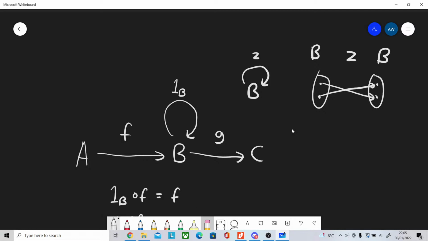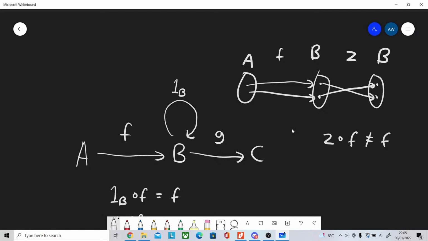So if you have, say, the set A with a bunch of arrows like this, then obviously composing, so we do F first, then Z, and this will not be equal to F, because A maps this point to this point, this point to this point, right?